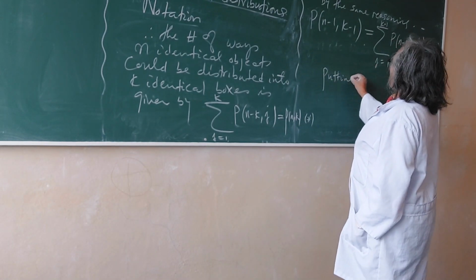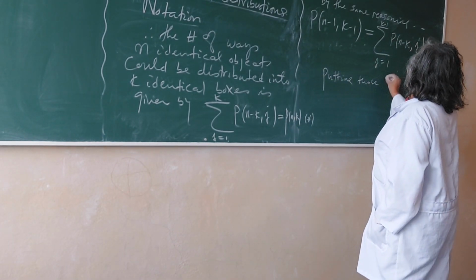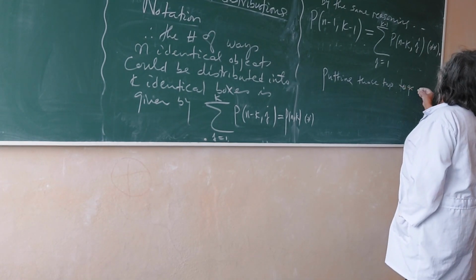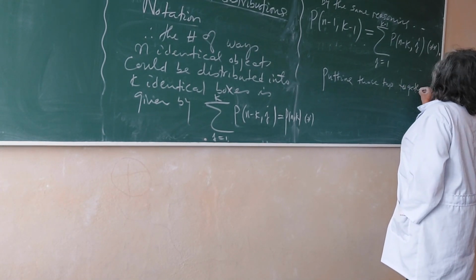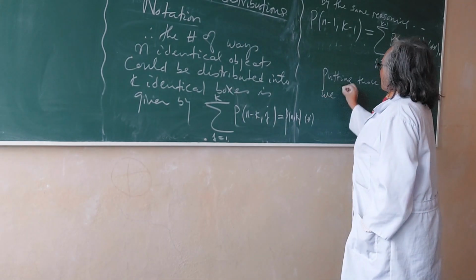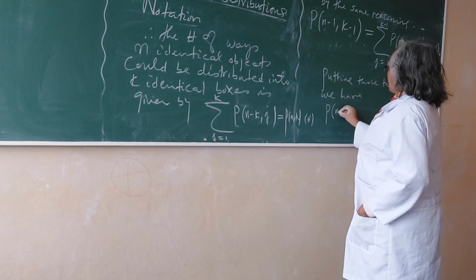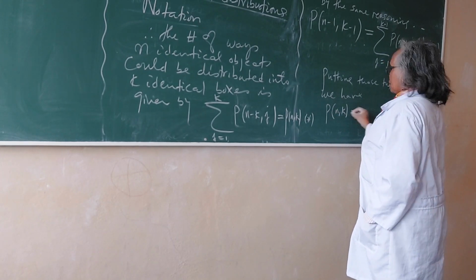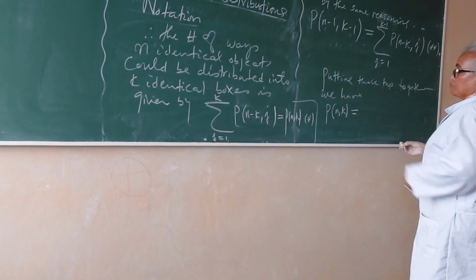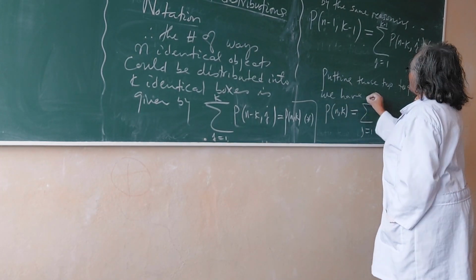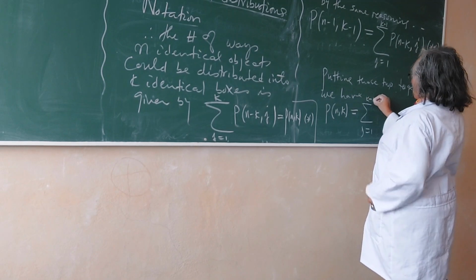Now, putting those two relations together, let me start with this one. P(n, k) is equal to the sum, j varying from 1 to k minus 1, of P(n minus k, j).